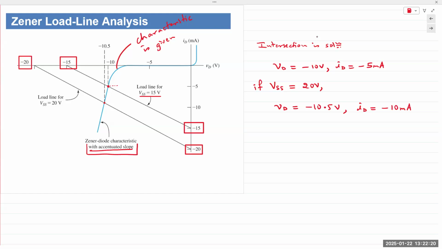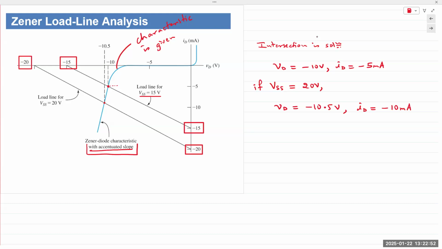The slope on the graph here is exaggerated. And so we see a difference of about 0.5 volts. The input supply voltage changed by 5 volts, but your output voltage does not change by more than 0.5 volts. Even in a real life Zener diode, it would not change, not even up to 0.5 volts. Okay. It's almost a near vertical line in the reverse bias.